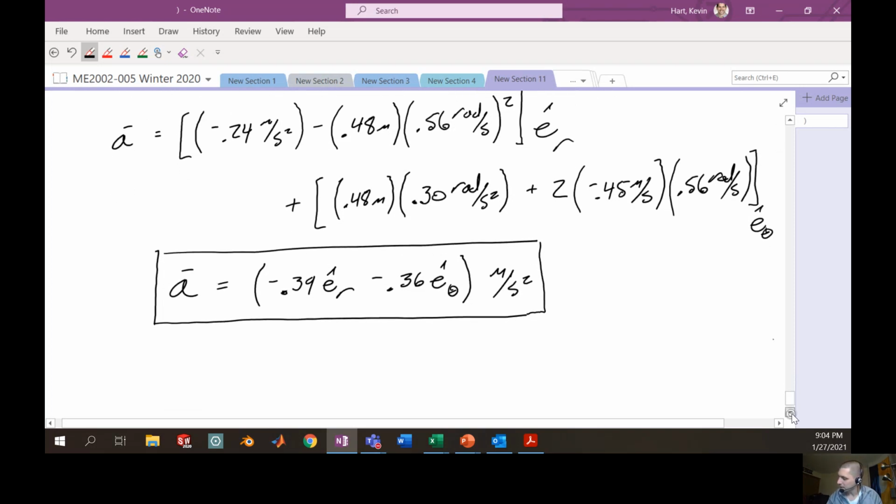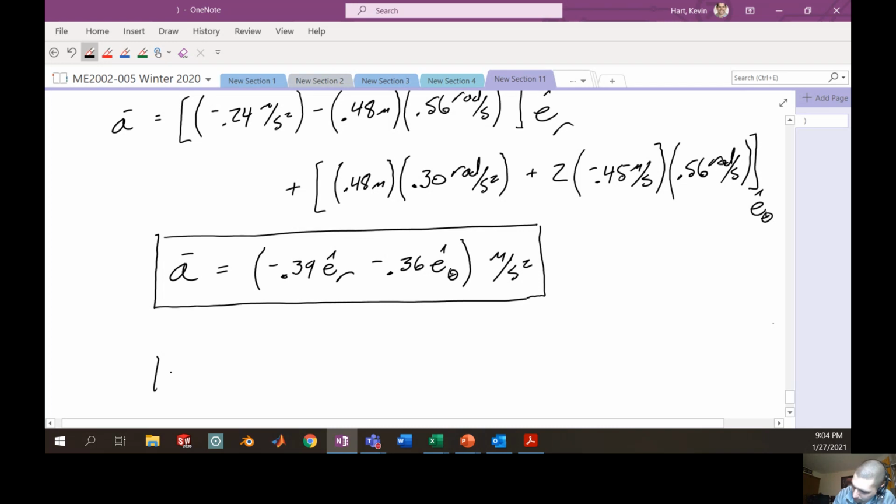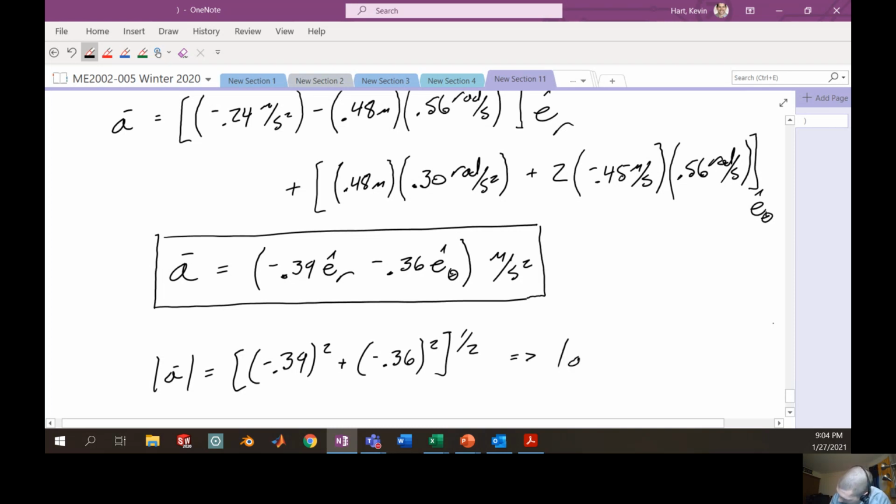You could get the magnitude if you wish. You could find the magnitude of the acceleration here, negative 0.38, sort of makes sense. Is that right?